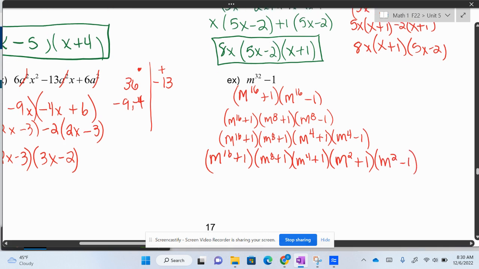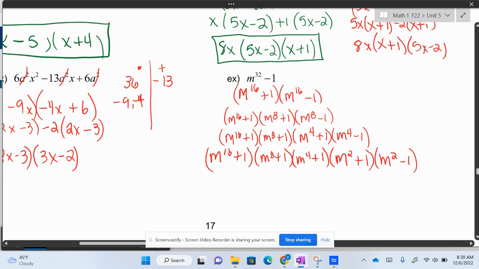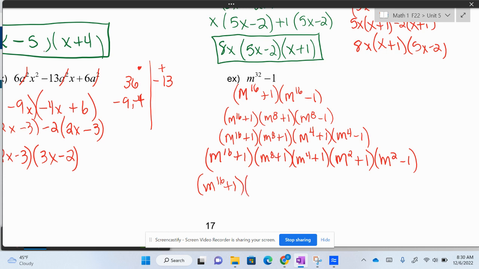Okay, we're almost done. So rewrite all your positives. So I have m to the 16th plus 1 times m to the 8th plus 1 times m to the 4th plus 1 times m squared plus 1. And m squared minus 1 becomes m plus 1 times m minus 1.